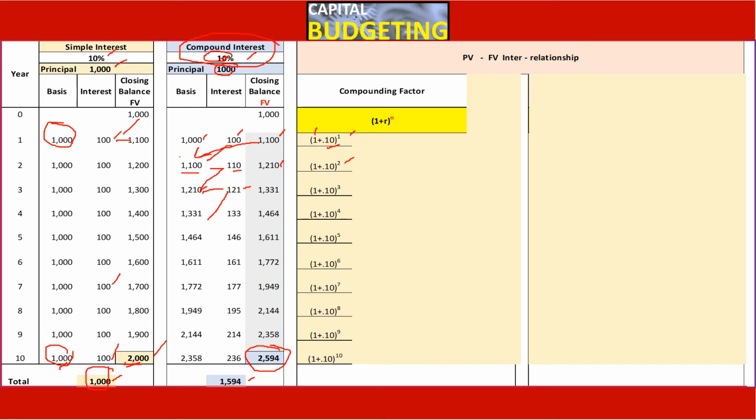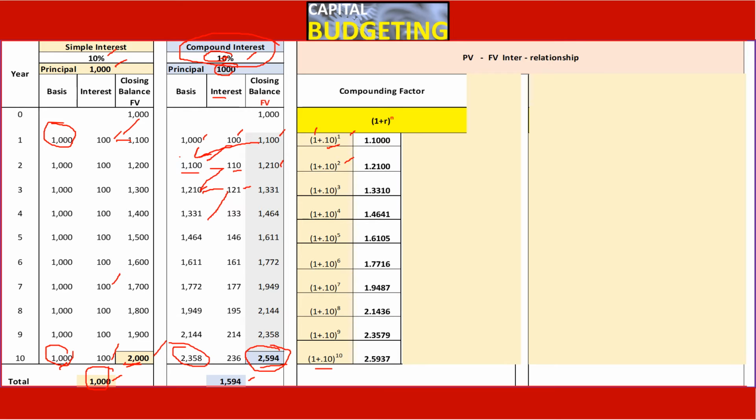It goes on, and if you want to derive 2594, it is nothing but 1000 into 1 plus 0.10 to the power of 10, interest 10 times on the principal which keeps on changing, and that will give you the cumulative amount at the end of 10 years.